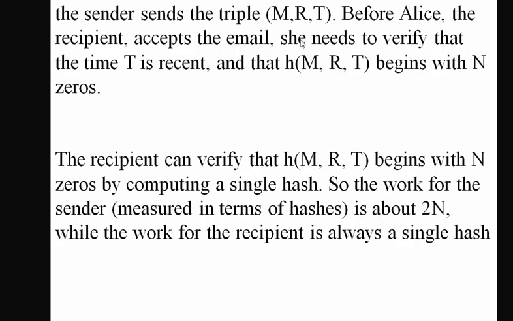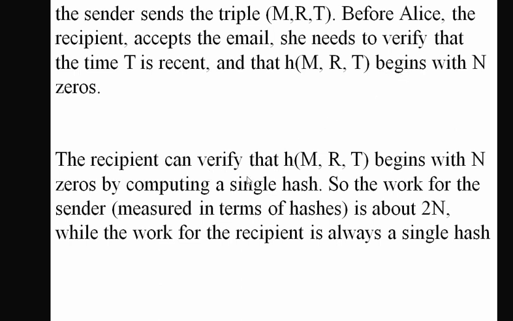The sender sends the triple M, R, T. Before Alice, the recipient, accepts the email, she needs to verify that the time T is recent and that H(M, R, T) begins with N zeros.